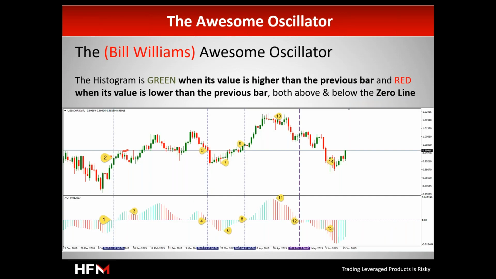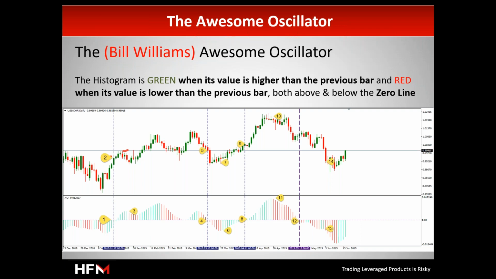So, why are we having green and red? We can see the Awesome Oscillator posting green bars if the value of the bar is higher than the previous one, and it will give us red bars when its value is lower than the previous one, both above and below the 0 line.